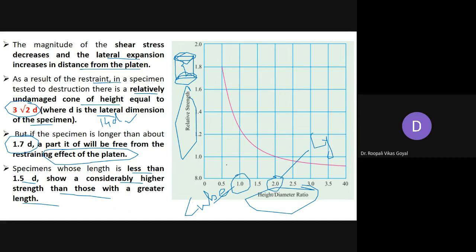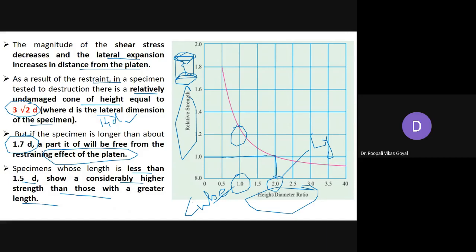So here you can see its relative strength is nearly equal to whatever we should get. But in case of the cube specimen, it is giving some higher value. So you can say that cube strength would be more as compared to cylindrical strength. Okay. So the relative strength that we are getting would be more as compared to the cylinder.